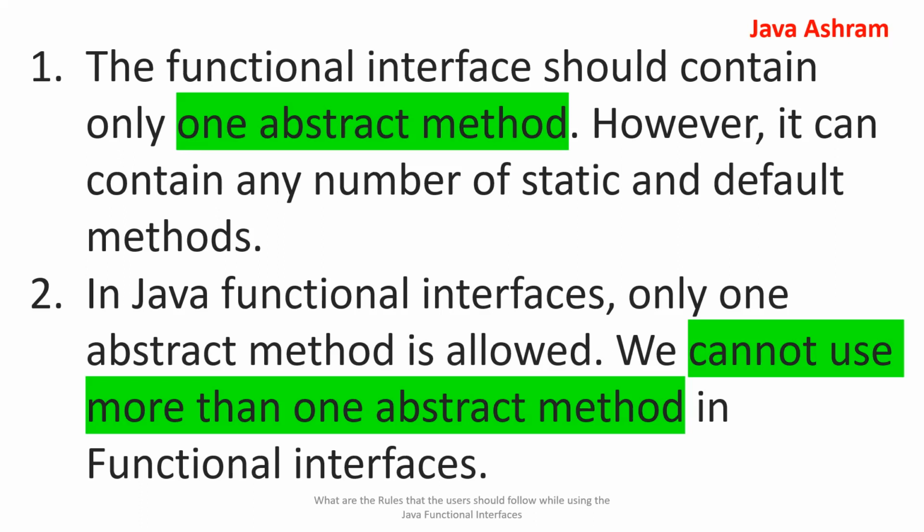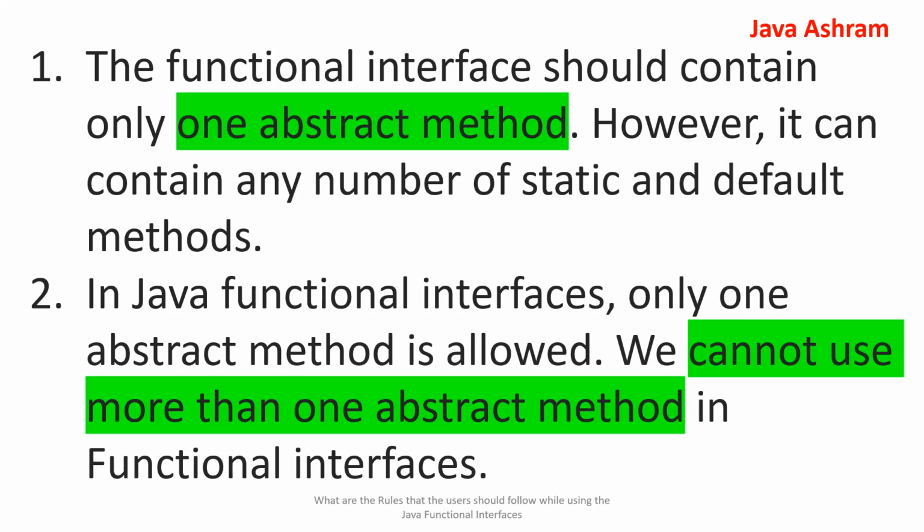So first rule is the functional interface should contain only one abstract method. There should not be more than one abstract method. So how will you enforce that? Using the annotation @FunctionalInterface. If you are not putting the annotation, that is okay too. But as a developer, you have the responsibility to put only one abstract method.